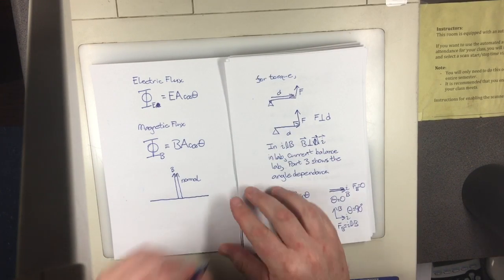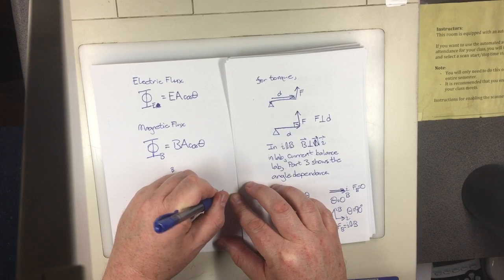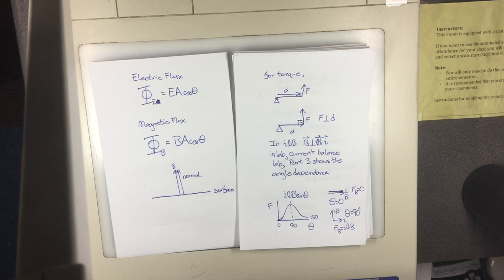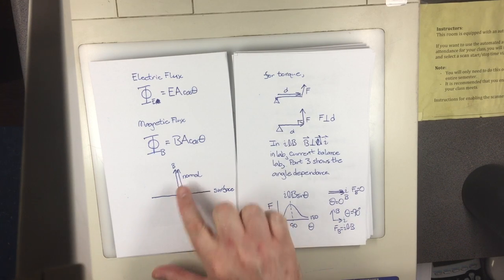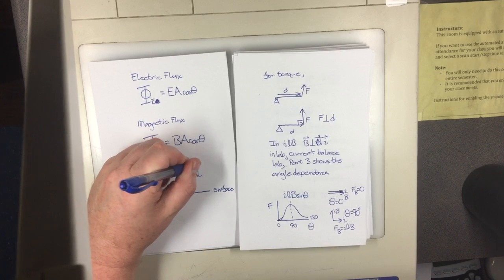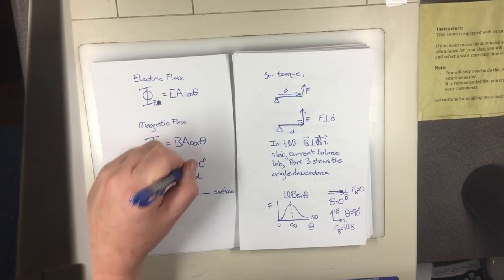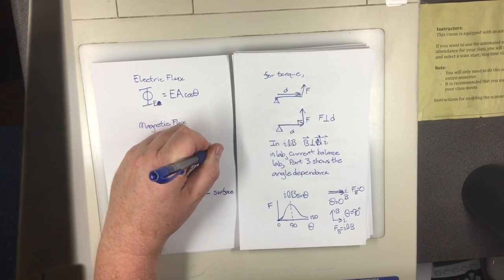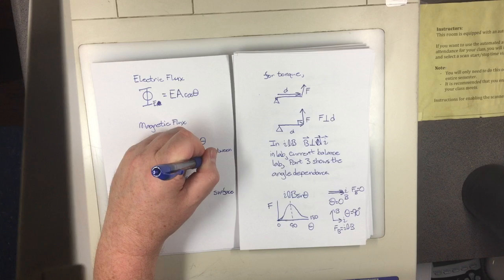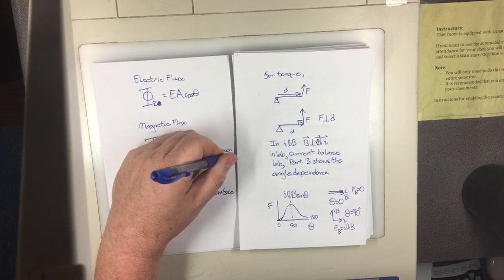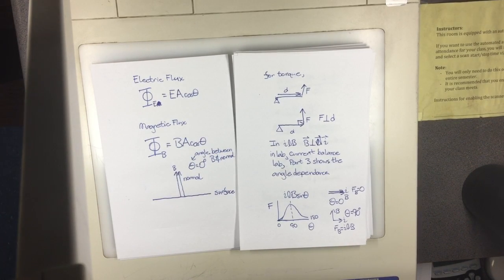In this particular case, this is the surface. The B field is perpendicular to the surface. And if the surface is like this, the normal line to the surface is that direction. The theta in this case is 0 degrees. Theta is the angle between the B and the normal.